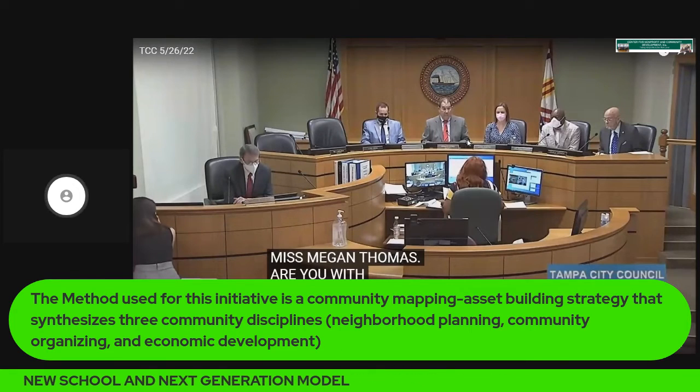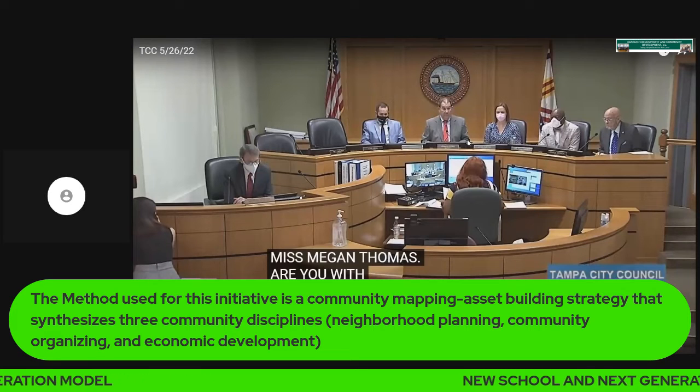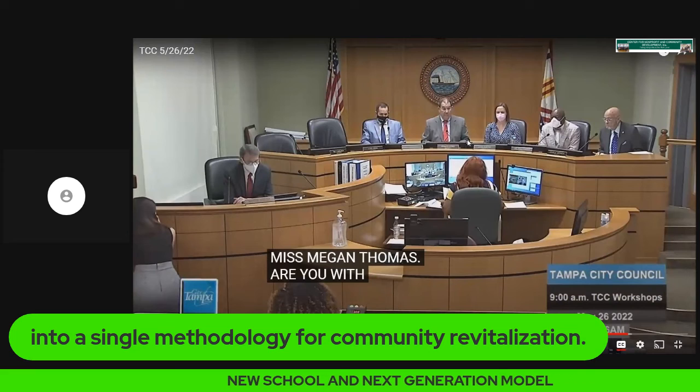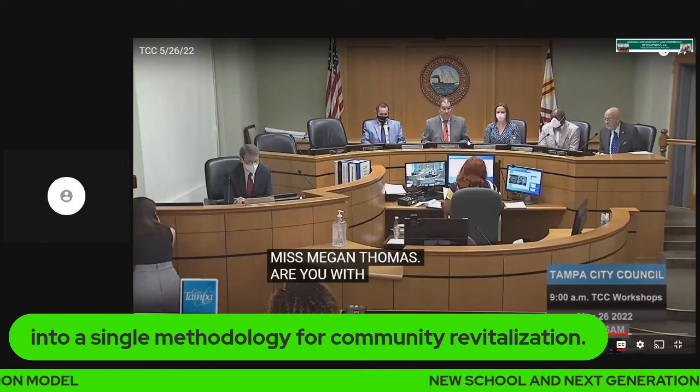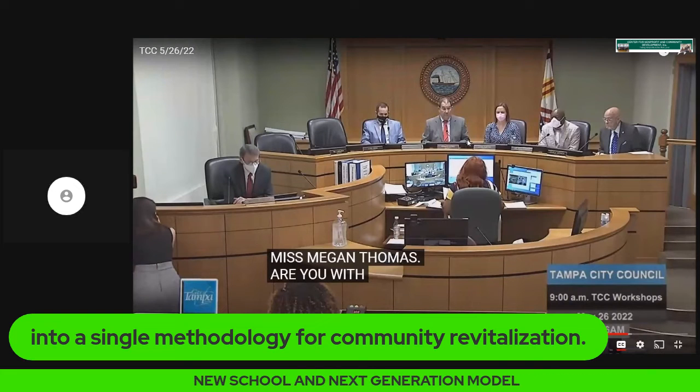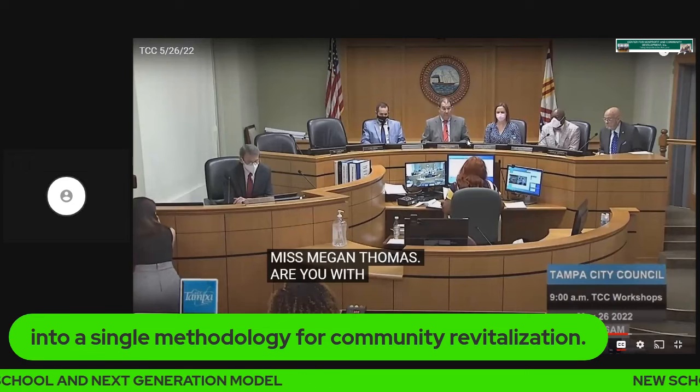How do we merge economic development to bring about the vision of the community? Asset mapping strategy uses that. It takes all of these disciplines and puts them into one single methodology for community revitalization. So let's hear about what I was talking about at the city council meeting.